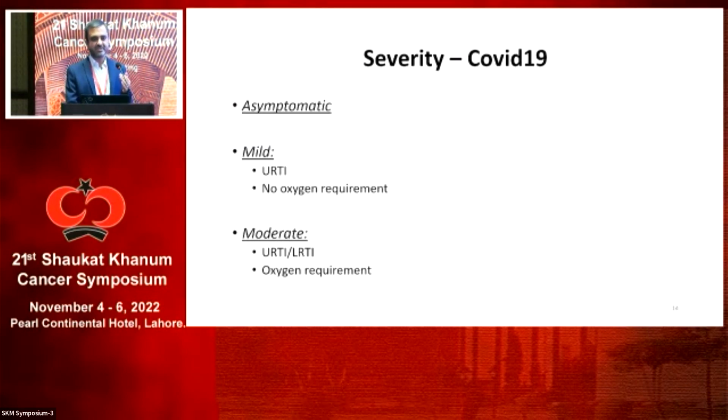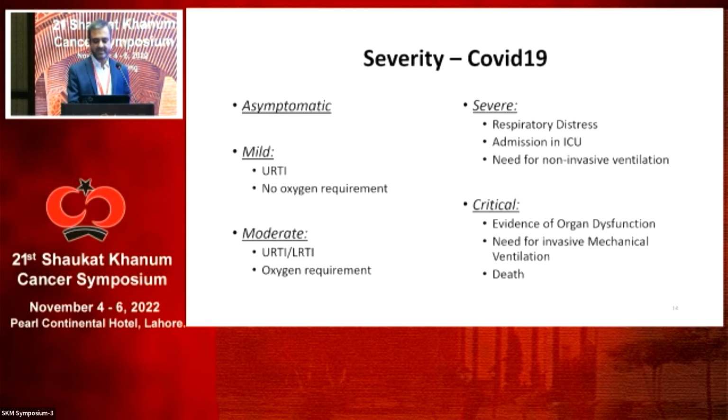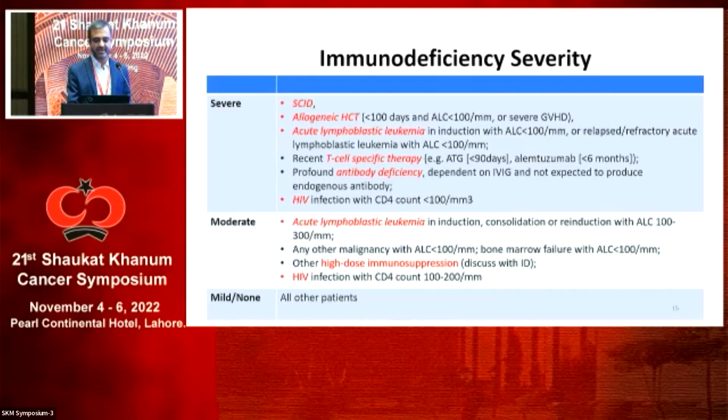If there is oxygen requirement, or if there is lower respiratory tract infection, then this is labeled as moderate. And if the children present with respiratory distress, or there is a need for ICU or invasive ventilation, then this is described as severe. And if this goes on to develop ARDS or need for invasive mechanical ventilation, then this is called critical COVID-19.